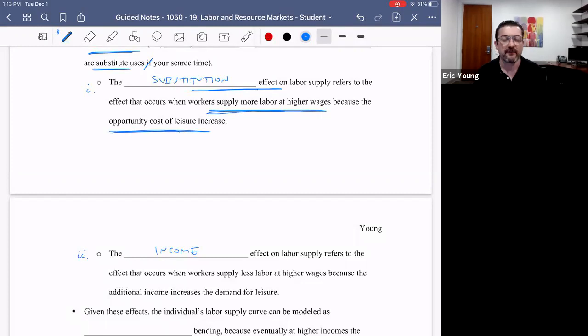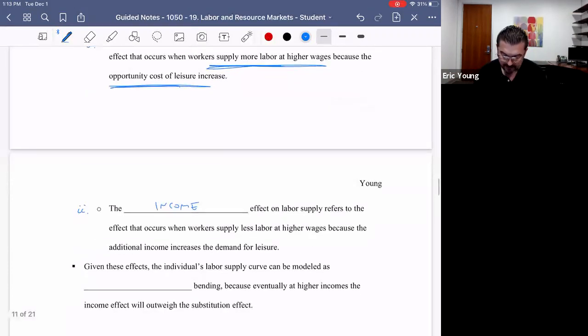So the substitution effect says that if you make more per hour at higher wages, you're going to work more. Because number one, you want to make more income, and number two, the opportunity cost of not working rises as wages go up. Remember, opportunity cost is what you give up. So if your potential wage rates go up, the opportunity cost of leisure goes up. So you say, nope, less leisure, more work, make that money.